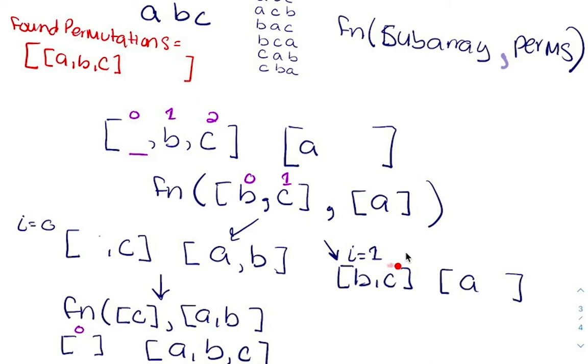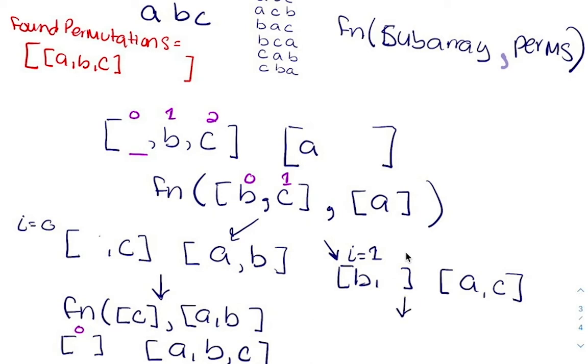So again, we're going to take the value at I and remove it from our subarray. Then we're going to take the value of that element and place it into the array that represents the permutation that we're trying to build up. So now we have a subarray of one element with B in it and a permutation with A and C in it.